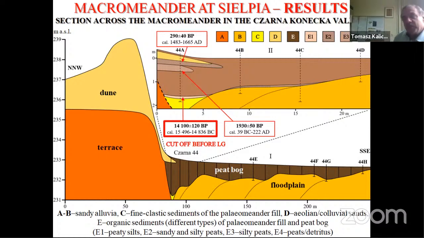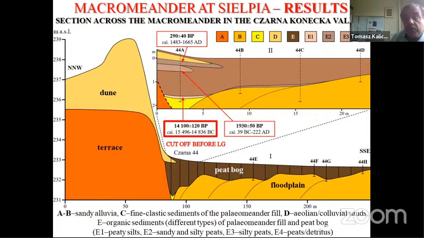We are looking at why in some places the macromeander changed to the braided system. It is generally probably connected with the cooling at that time, if you look at the palynology, and probably much more transport of material from the slope. Therefore, in some places we have overloaded rivers.